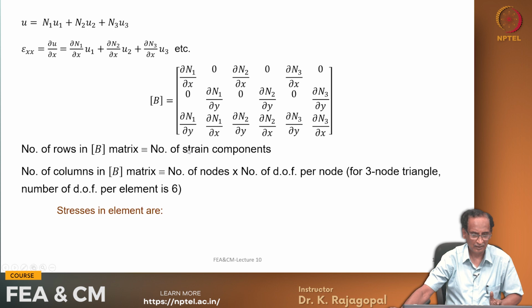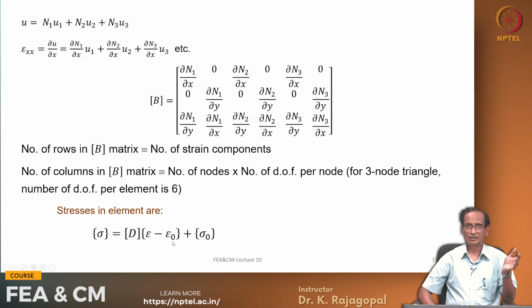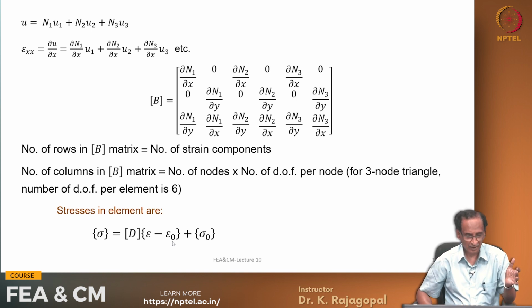So, once you have the stresses and strains, we can determine the stresses as sigma is D times (epsilon minus epsilon naught) plus sigma naught, where epsilon naught are the initial strains and epsilon is the strain. And our displacement vector may also consist of initial displacements.